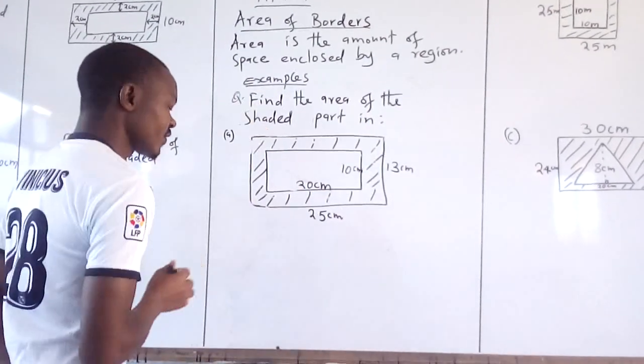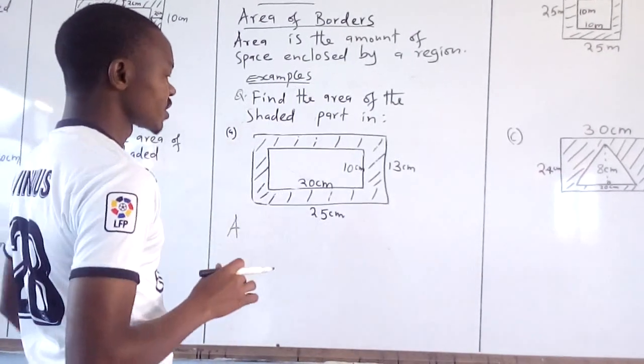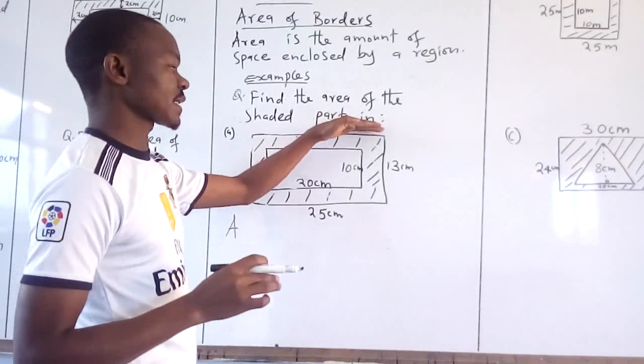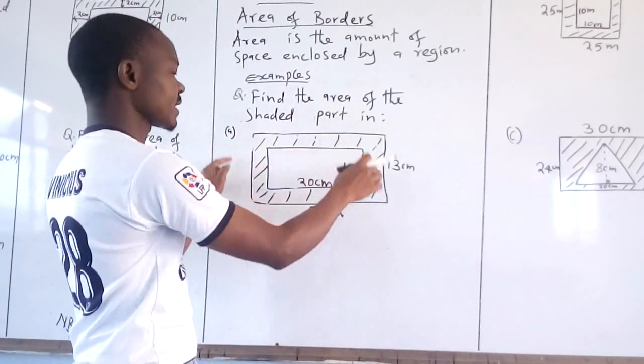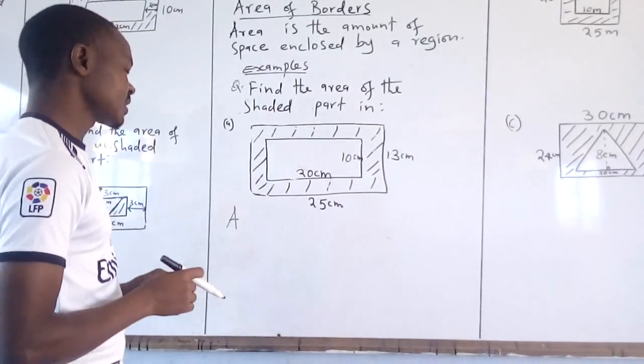We are going to use the formula for finding the area of a rectangle, simply because we know that these are just rectangles. We have a bigger rectangle and we have a smaller rectangle. The formula remains the same.